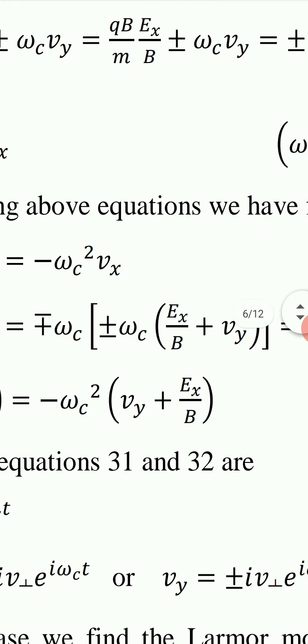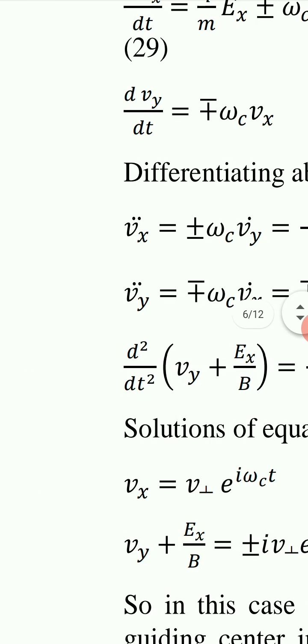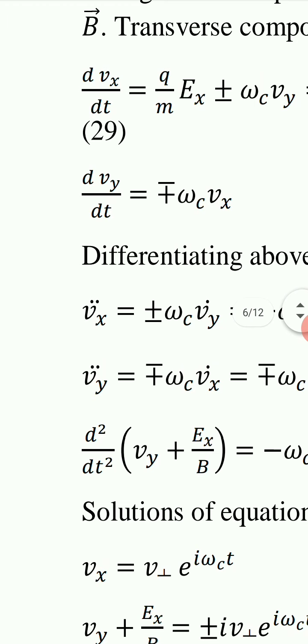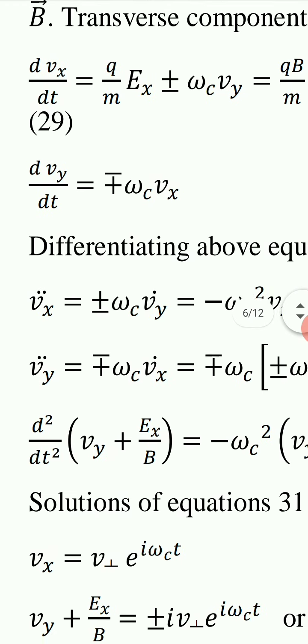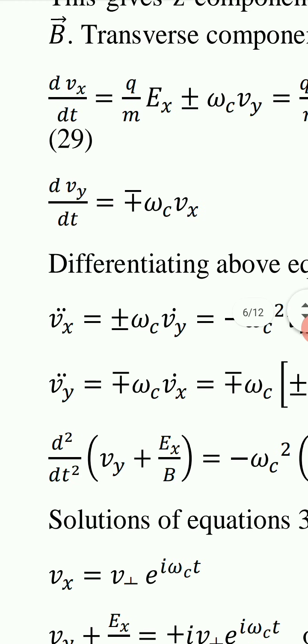Differentiating the above equations, we have for constant E, Vx double dot. This equation 29 is for Vx dot, dVx upon dt is Vx dot. It is the differentiation of velocity, that is acceleration along the x-axis.